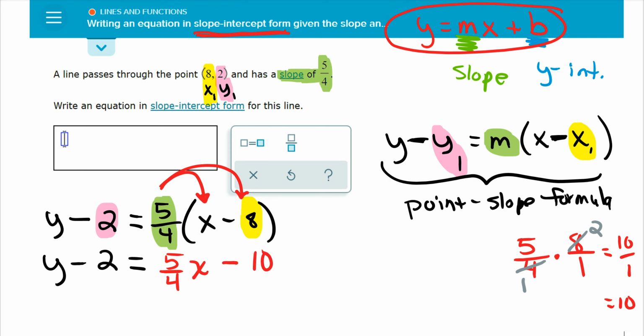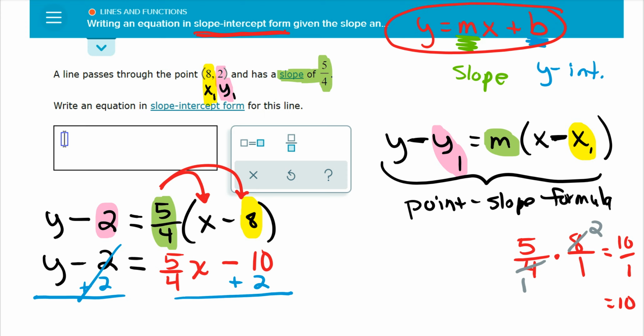And then I have one last step, and that is to solve for y. So on the left side of the equation you have y minus 2. I just want the y. So to get rid of the minus 2, I'm going to add 2 to it. So they cancel out. But what you do to one side of an equation, you must do to the other to balance the equality.